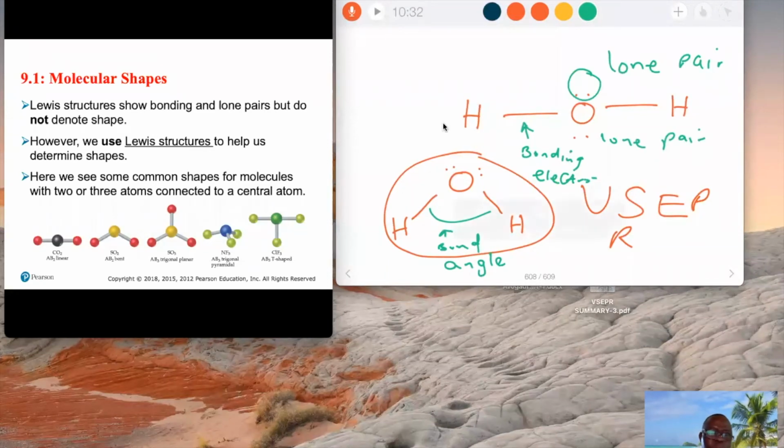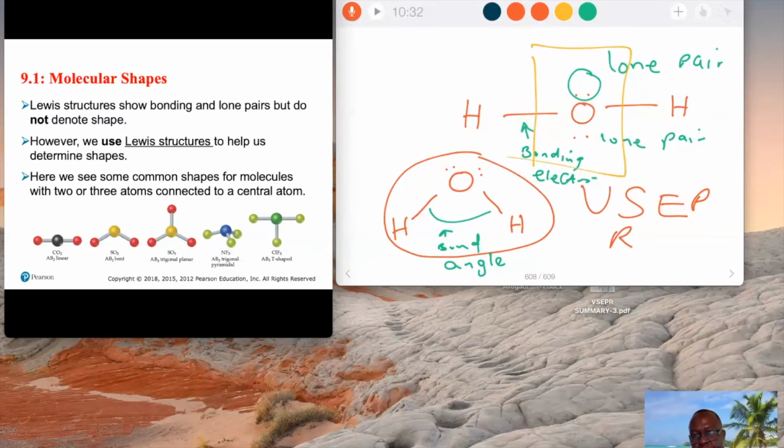When we look at the molecular shape, predicting it is based on the central atom. All of them are based on the central atom, unless it is linear, of course, such as in organic molecules.